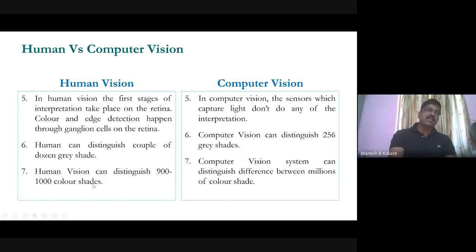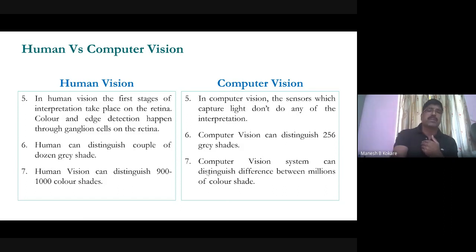Then the second thing is in the case of color. As I told you, suppose you have obtained a color image with RGB channels, and each channel is encoded with 8 bits. 8 bits are used for the R channel, 8 bits for the green channel, and 8 bits for blue. So in total 24 bits are there. So the total number of shades will be 2 raised to 24, that is 16 million.